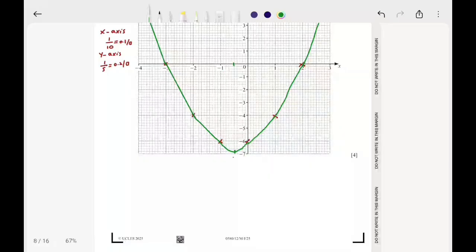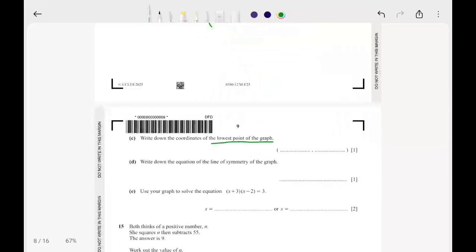It is minus 0.5 for the x-axis, and for the y-axis, as we have to write the coordinates, it will be minus 6.8. This would be the answer. Minus 0.5 and minus 6.8.